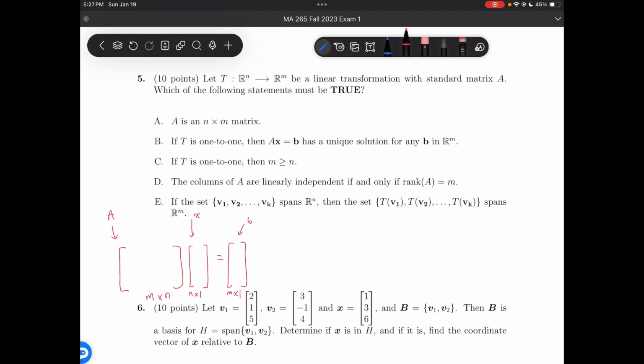This is just based on the multiplication rules for matrices. And so using that, we can determine that statement A is false. It's not possible to multiply an n by m matrix times an n by 1 column vector. And we know that this has to be n by 1 because the transformation is from Rn to Rm. So that's how we know n by 1 is here and m by 1 is on the other side.